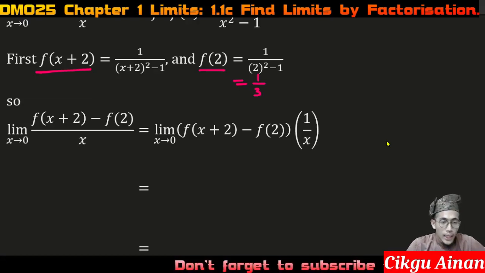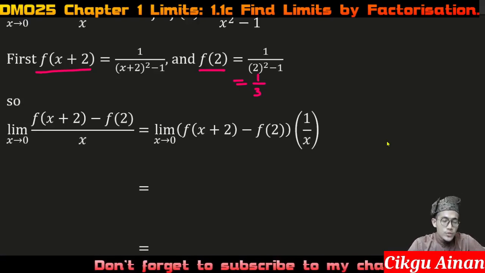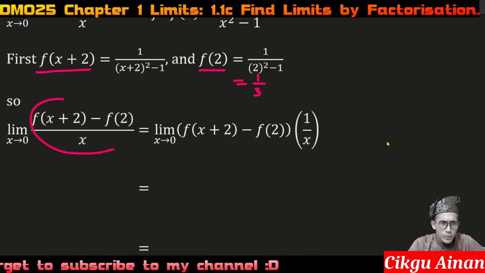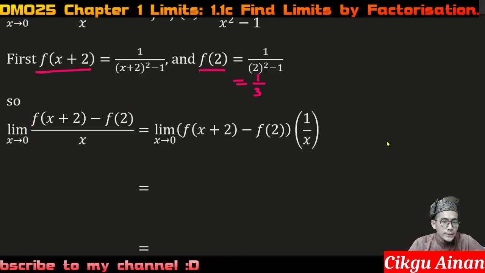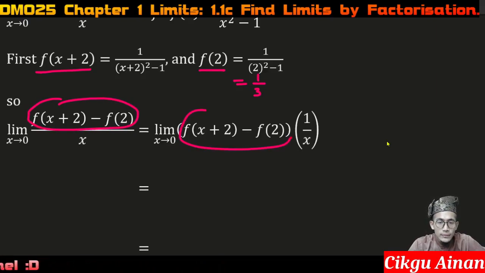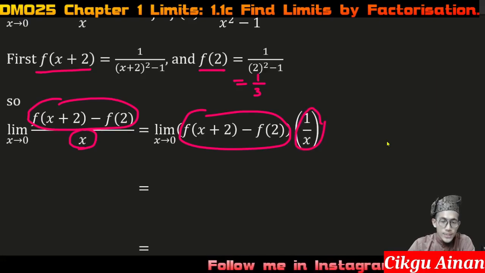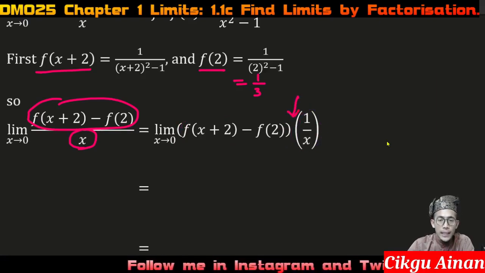Okay, like that. Wait. Oh, no, I forgot. Sorry. Before we substitute, what I want to do is we adjust this one a little bit. How to adjust? Okay. This numerator, I put it over here. And then this denominator, I change the form to become 1 over x. So that we can multiply them over here.